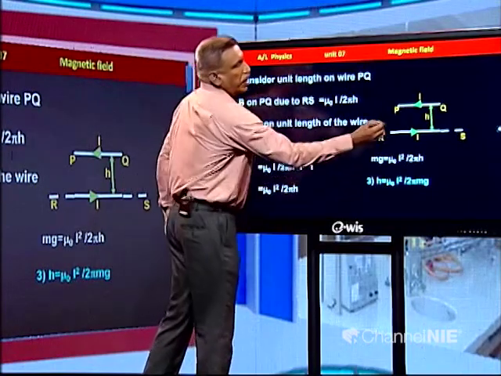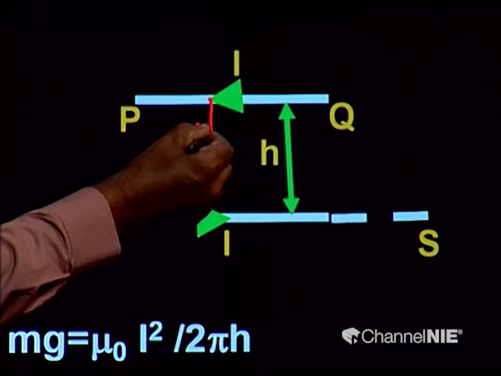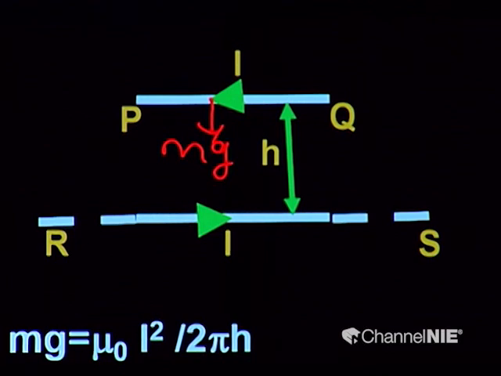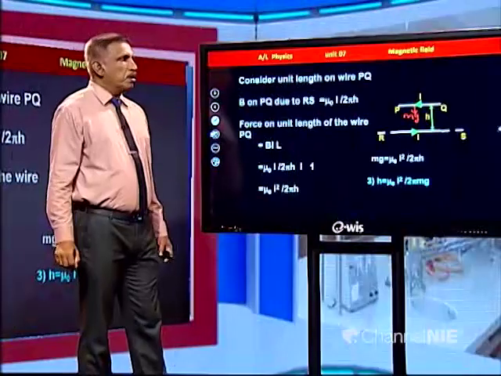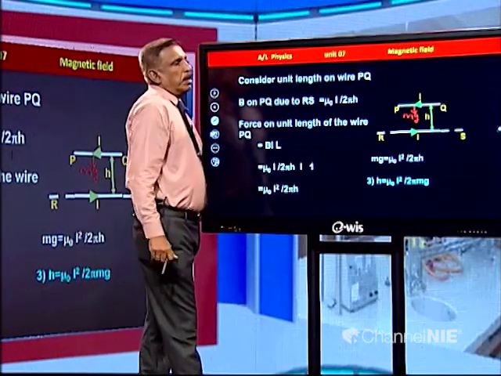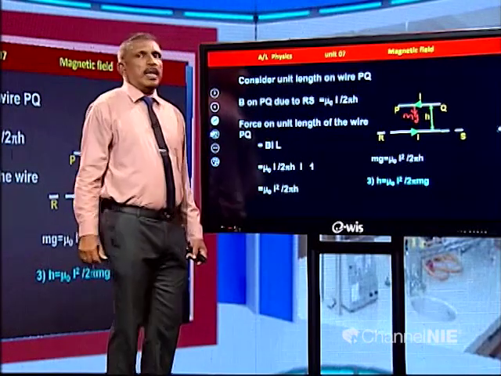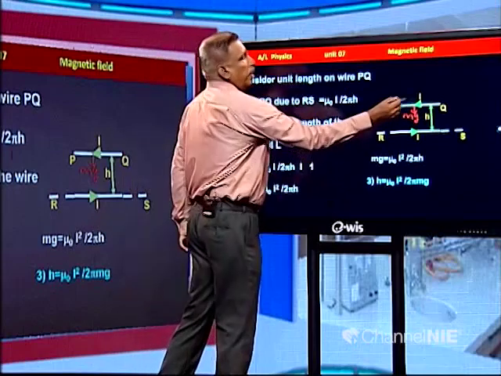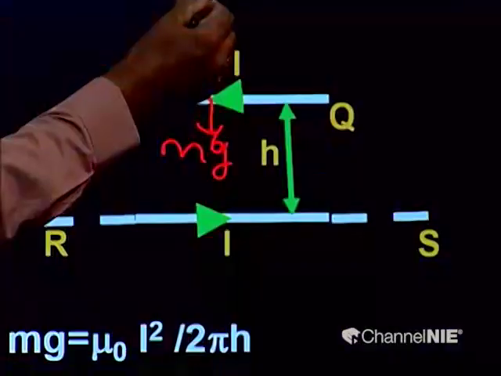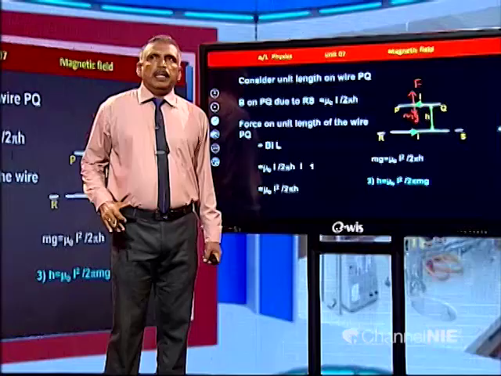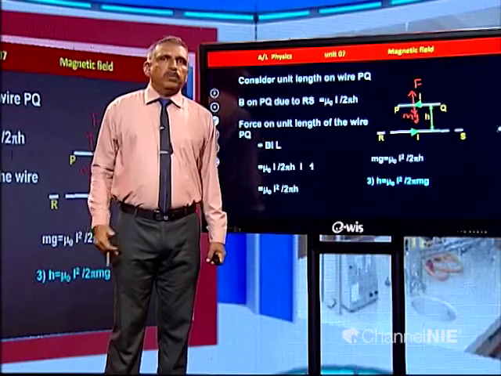Therefore, there is a weight acting in the downward direction here, that is mg. If we want to hang this PQ freely, there is another force acting there, and that force must be in this direction. So, this force must be the magnetic force.